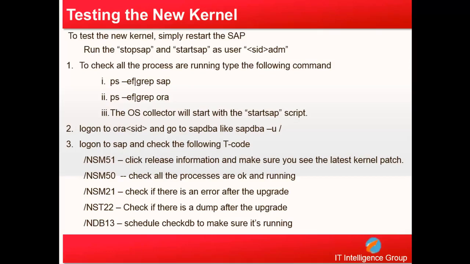Then there are a few checks that you can use. We can log into SAP and check whether SM50, SM51, SM21, ST22 and DB13 are working. These checks give an indication of whether the system is working properly after the kernel upgrade or not.